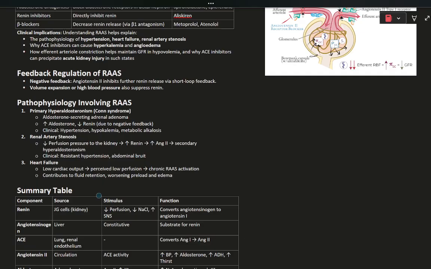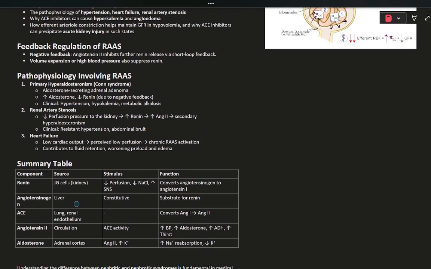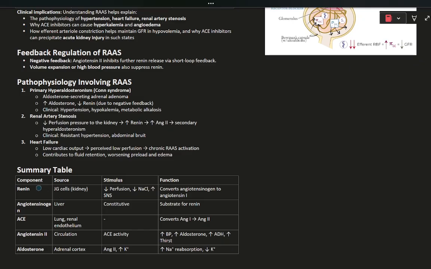So in summary, we talked a lot about the different elements of the RAAS system. So I want to just go over them one more time using this helpful table that I made. With renin, you're going to have it come from the juxtaglomerular cells of the kidney.